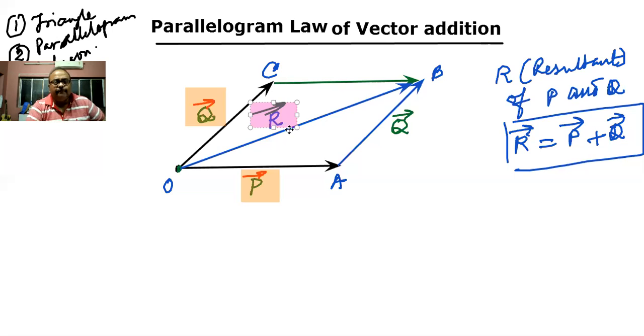So in this case OB is representing the diagonal. Am I clear?